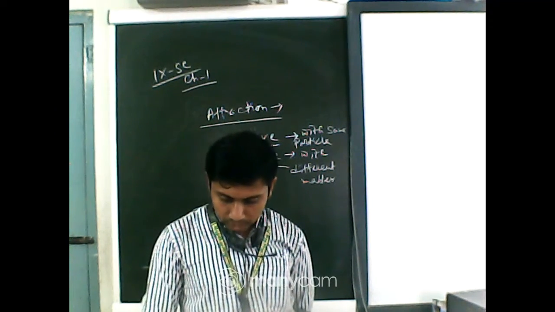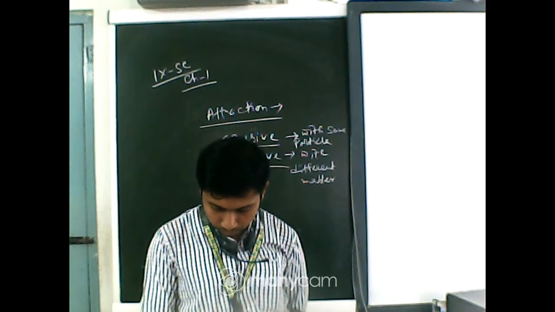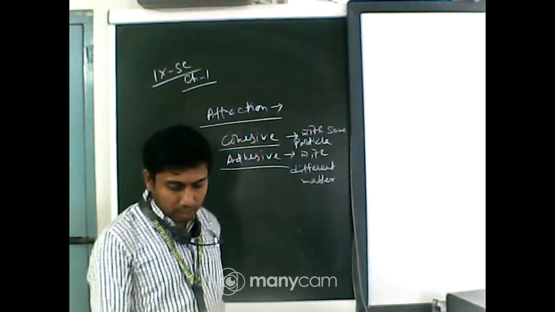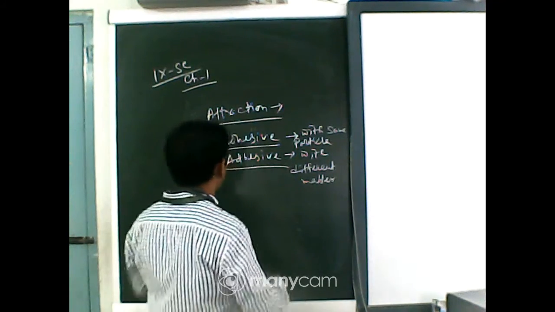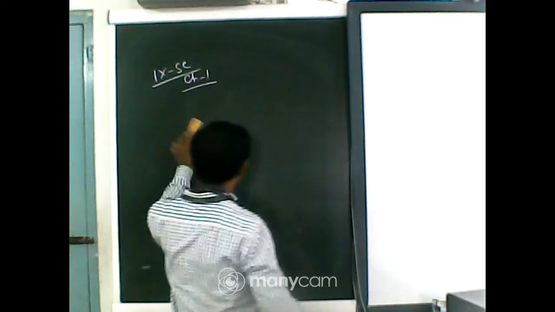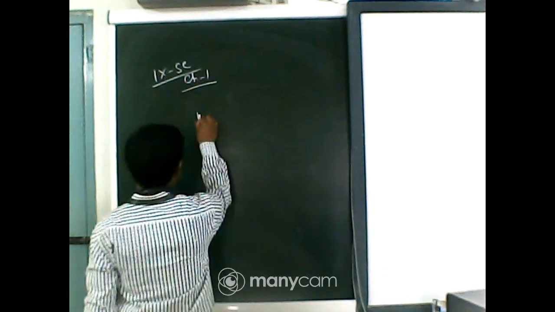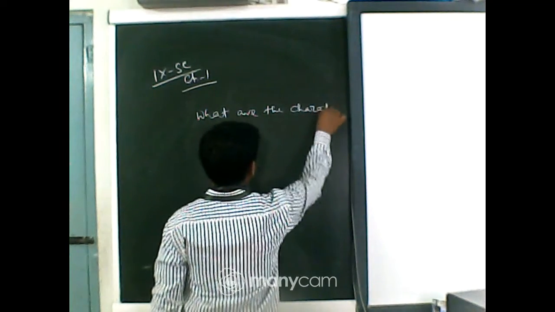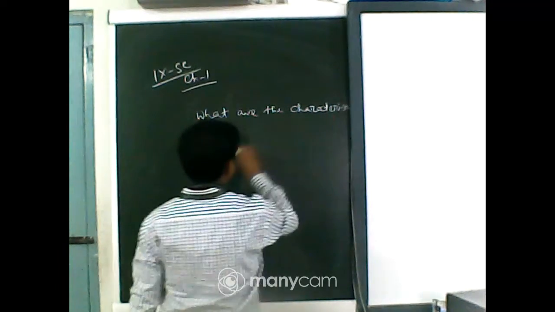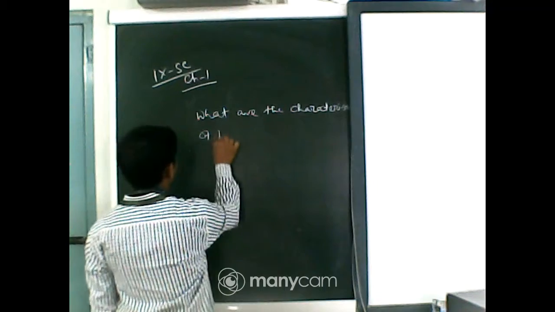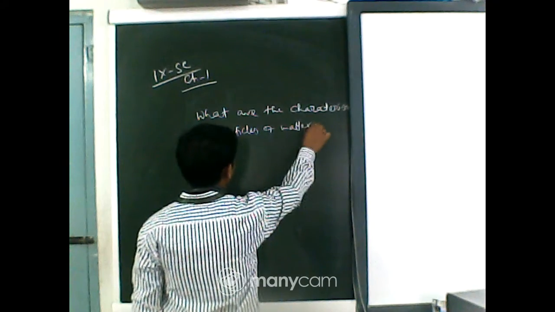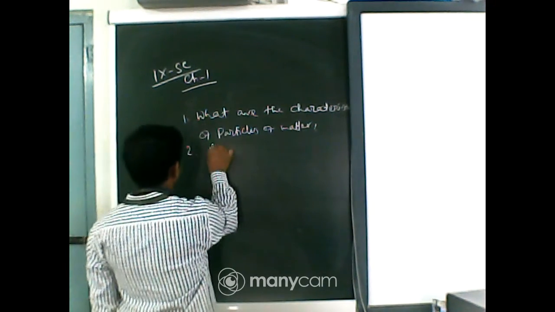Okay, write it. What are the characteristics of particles of matter? Here you just mention the characteristics. This is number 1. Number 2, what is diffusion?